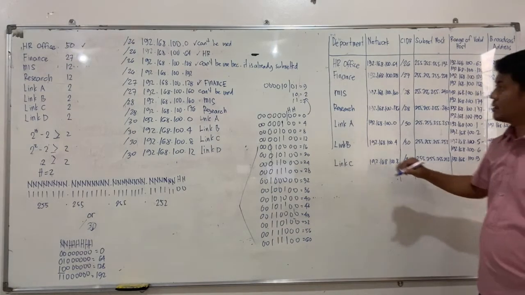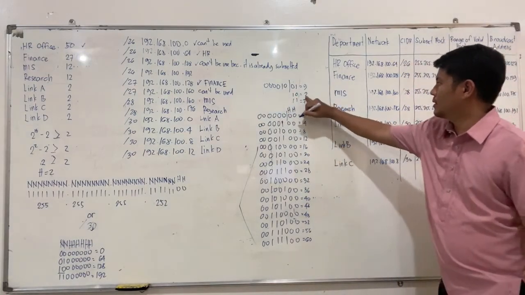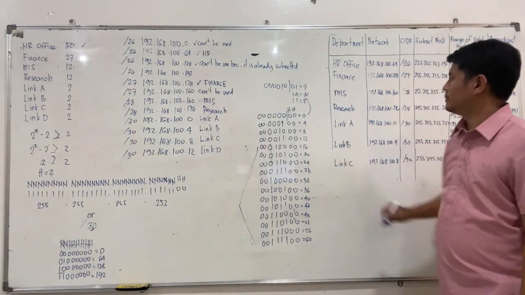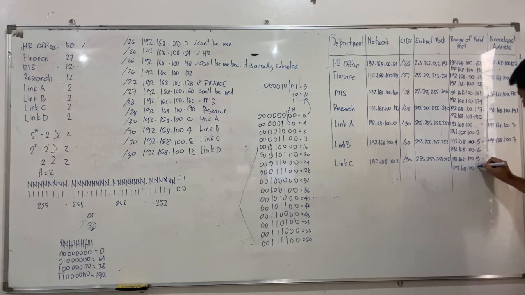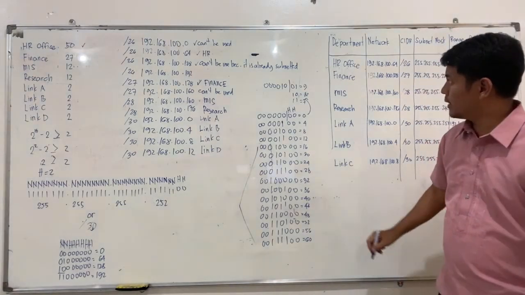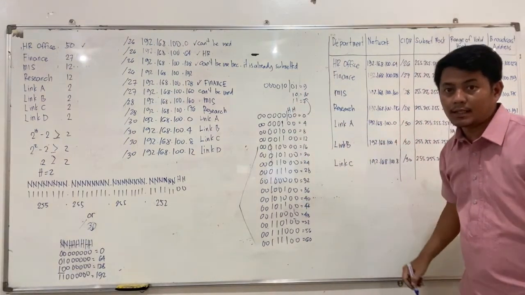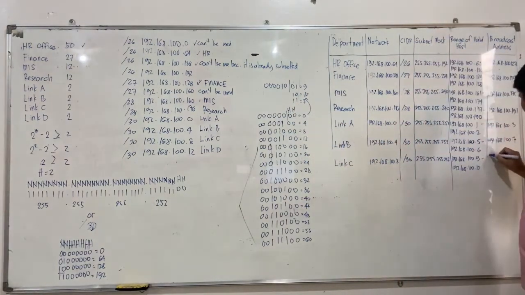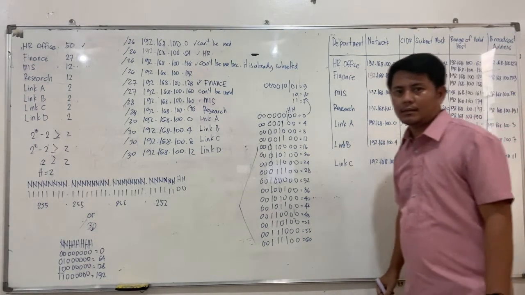Last valid host, 8 plus 2, that is 10: 192.168.100.10. And for the broadcast address, 8 plus 2 plus 1, that is 11: 192.168.100.11.